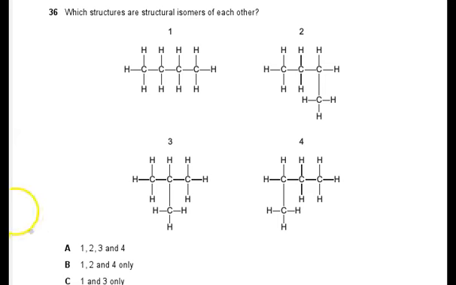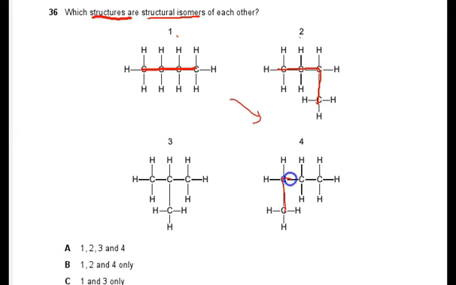Okay, for number 36, which structures are structural isomers of each other? So here we have 4 carbons, all of them, and 1 and 2 basically are the same because the longest chain is still 4 carbon. There is no change over here. And look at number 4, it's the same.